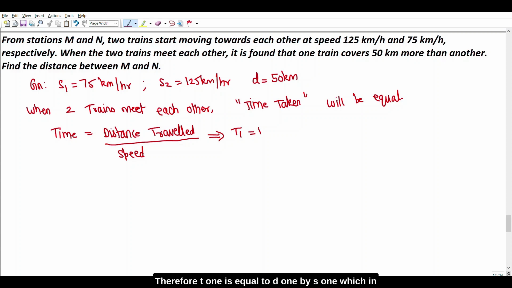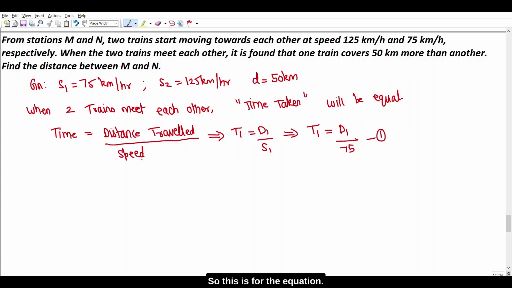T1 is equal to D1 by S1, which in turn implies as T1 is equal to D1 divided by 75. So this is first equation.